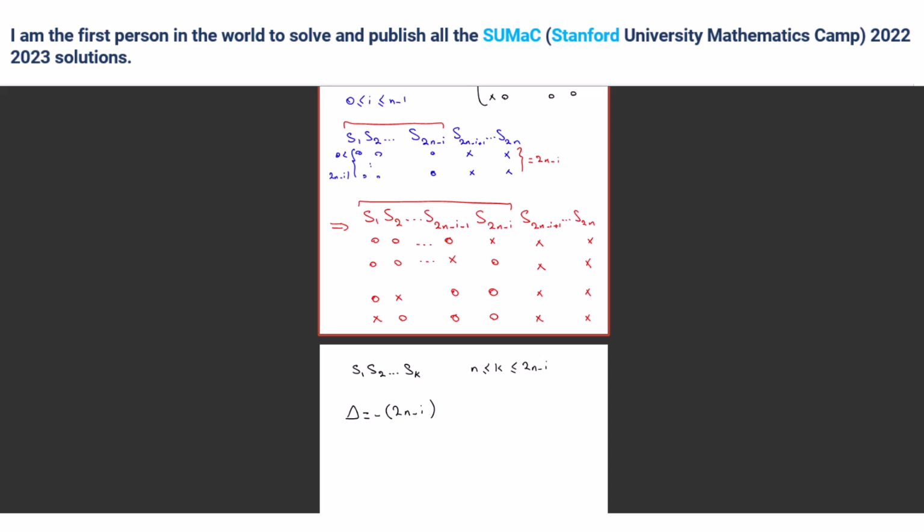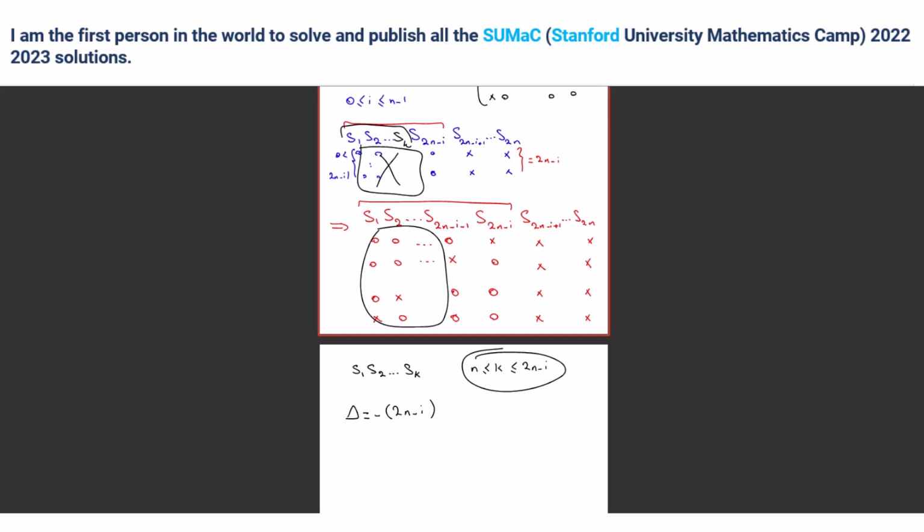K is a general number, S1 to Sk, okay? So why does it need to be 2n minus I? Because when you remove those 2n minus I, it would be negative 2n minus I. But I thought you were moving from S1 to Sk. So we remove, k is from n to 2n minus I. S1 to Sk, for example, are these. When you remove these elements, it has an effect, then you should consider this, right?